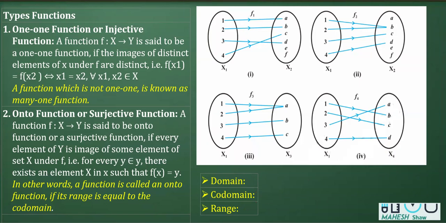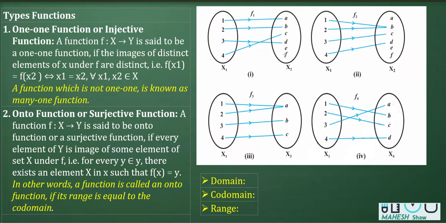So we can figure out, as you can see here, that some of the elements like E and F are not the image of some elements in the domain. The elements A, B, C, and D are the image, but E and F are left over here.